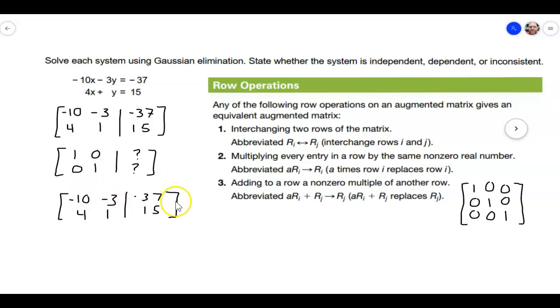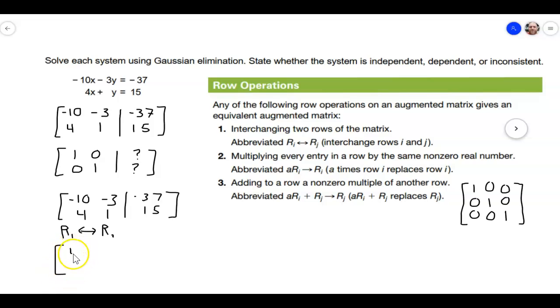But in the meantime, what I'm going to go ahead and do is flip those two rows. This is just to get the 4 on the top. That'll make these fractions not as bad. So I'm going to exchange row 1 with row 2. All right.